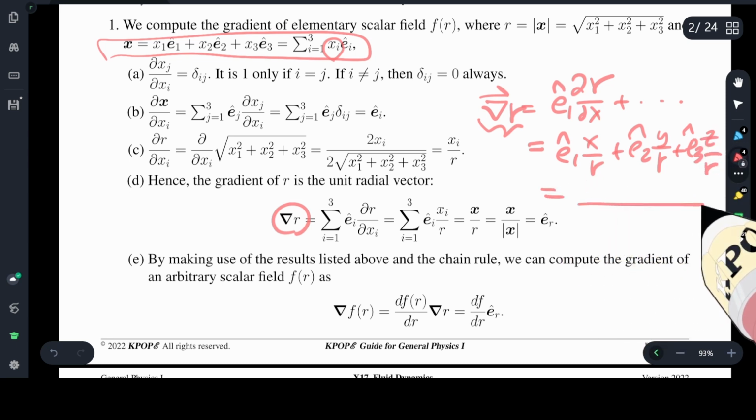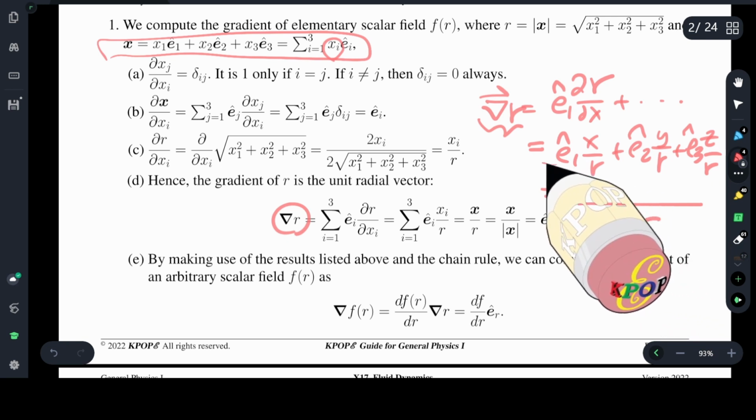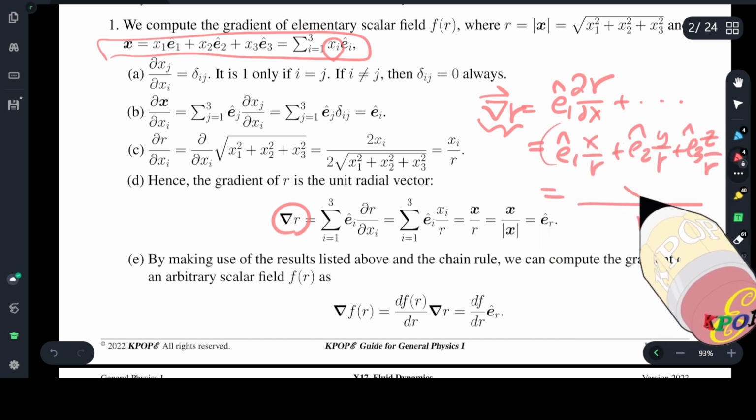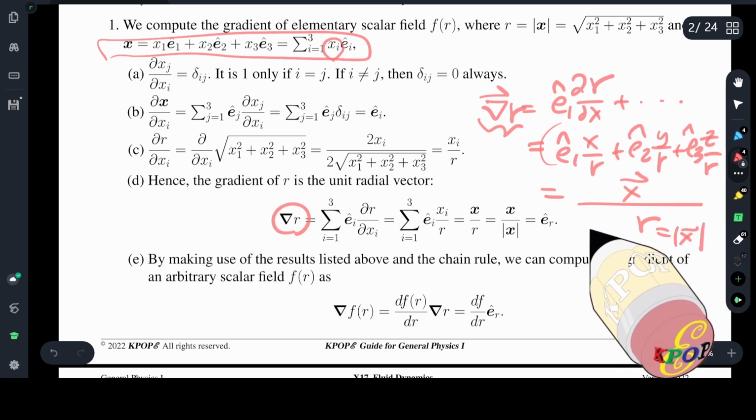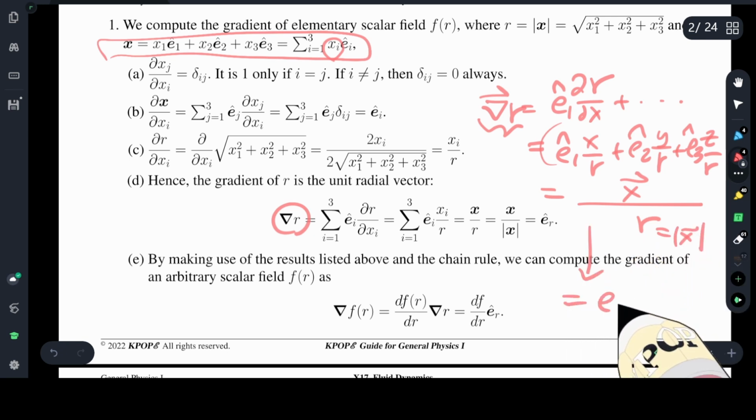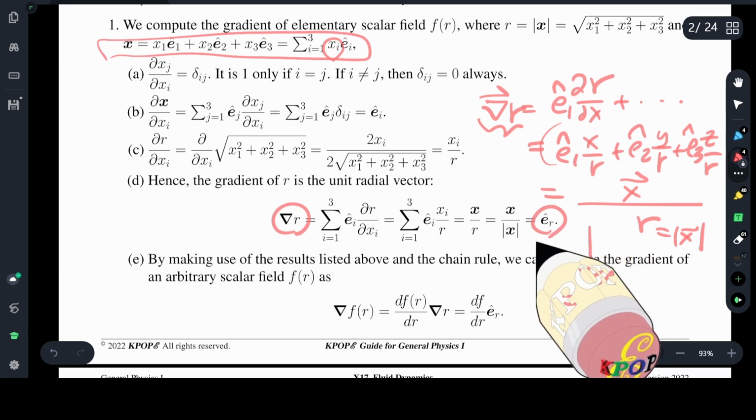We have the denominator r, and the numerator is just the x vector, and r is the magnitude of the x vector. Therefore, it is a unit vector along the radial direction. Very simple.